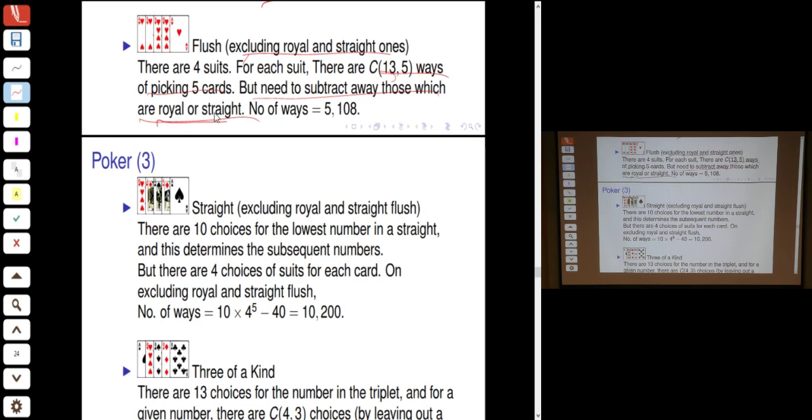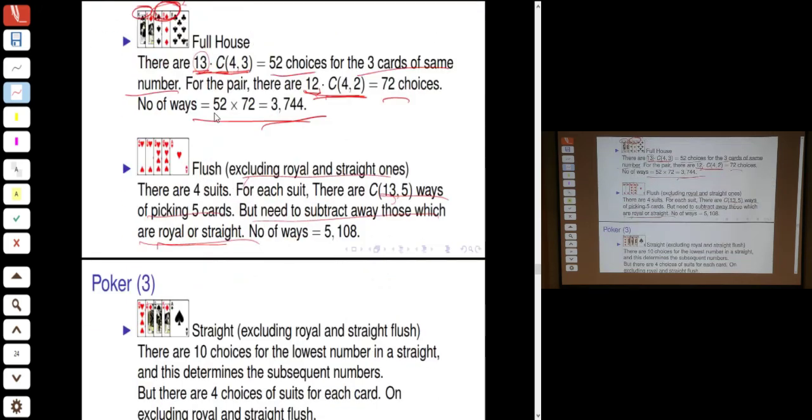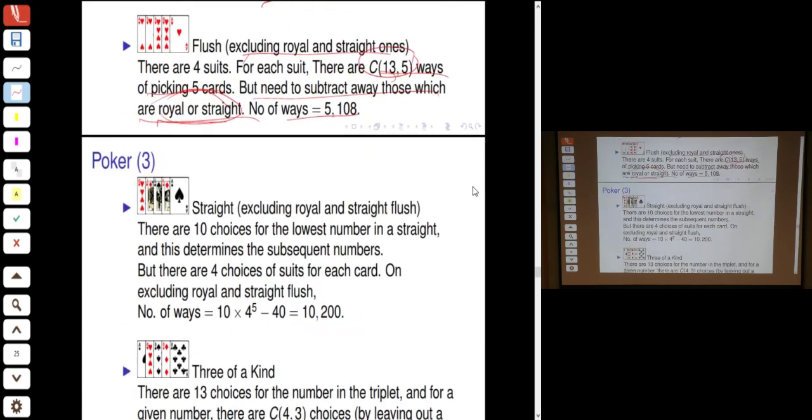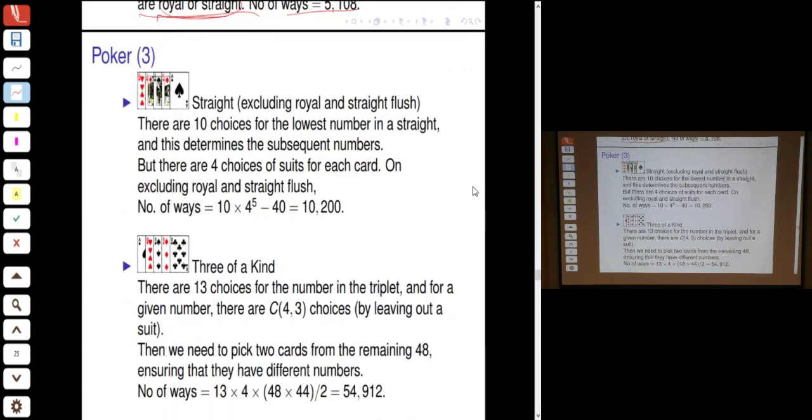These numbers we have already calculated before, and you sum the total number of royal flushes plus the total number of straight flushes and subtract them from 13 choose 5 and get 5108. Okay.